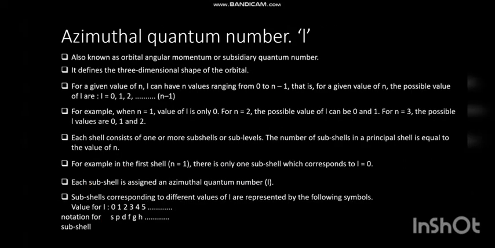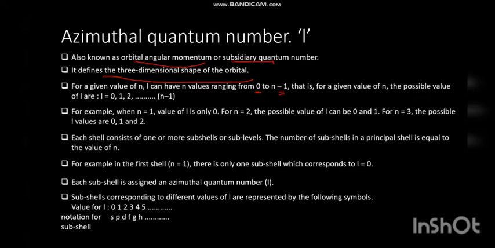Moving on to the azimuthal quantum number denoted by l. It is also called the orbital angular momentum or subsidiary quantum number. It basically defines the three-dimensional shape of the orbital. For a given value of n, l can have values ranging from 0 to n minus 1.